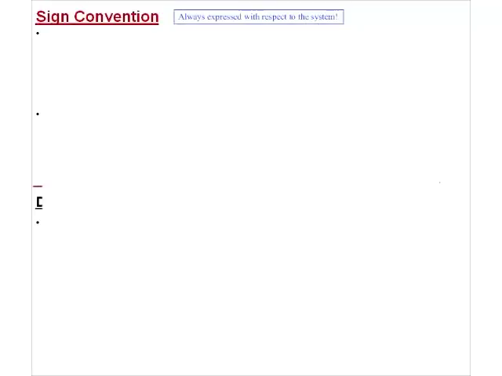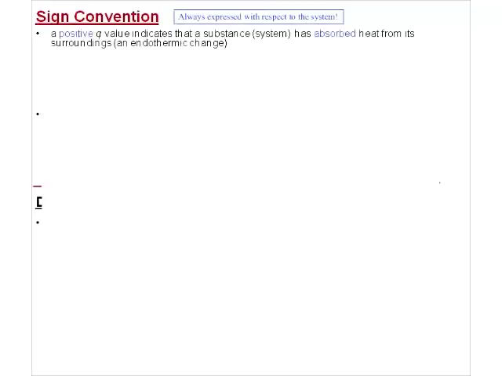And in this case we're saying if Q is positive, that means the system has gained energy. That would be an endothermic change. It's gained energy. And that would give us a positive value for Q. So in this case we're saying, okay, if Q is positive 40 kilojoules, what that means to us is that it's 40 kilojoules of energy gained by the system.